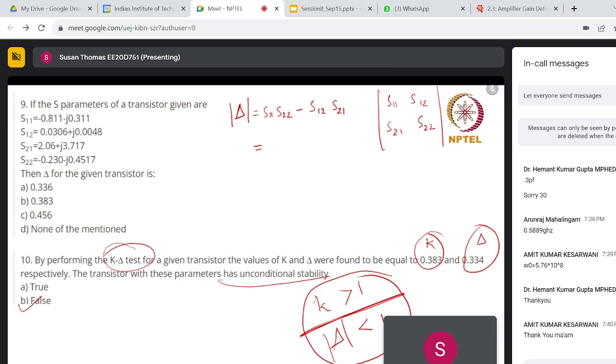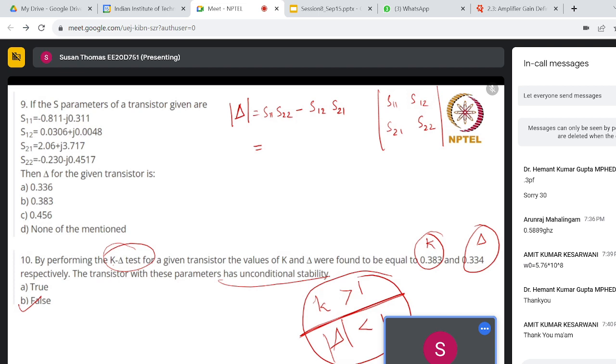Madam, 1.014 into 10 power minus 10. Okay, 1.01 into 10 power minus 10, ma'am. Minus 10. Okay, so that is 101 picofarad, right? That should be the answer.